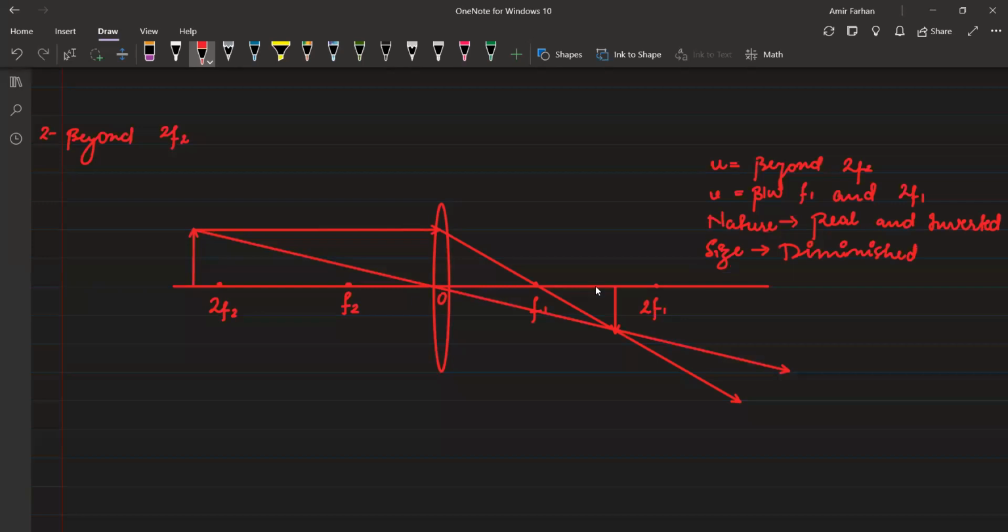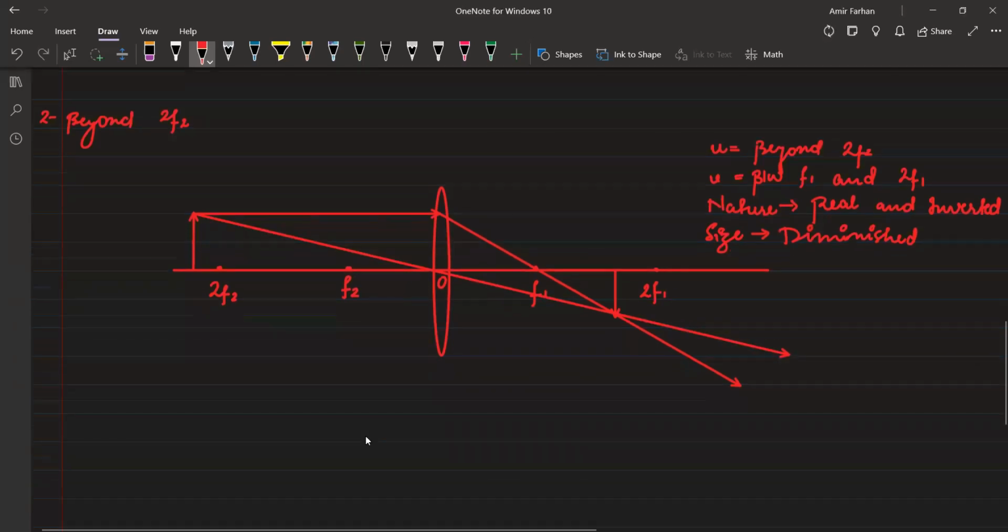As you can see, the image is smaller than the object. Yes or no, everyone? No, Harshit, it will not be the same size.